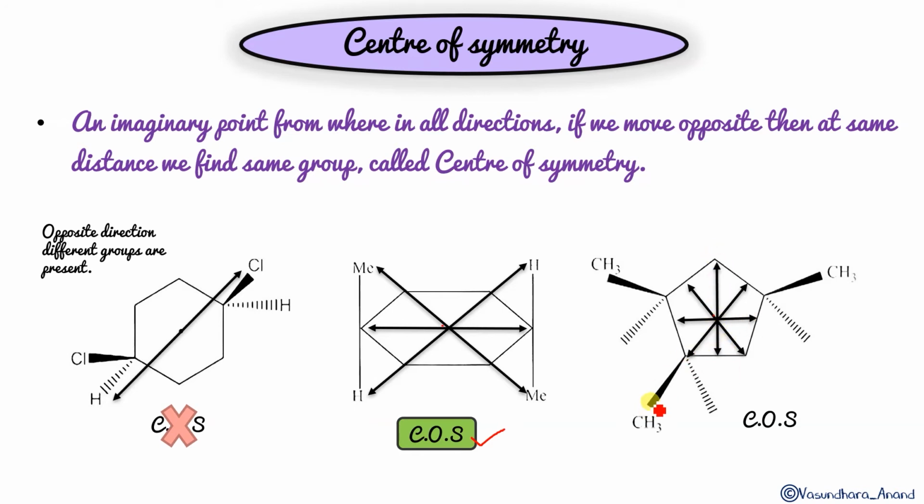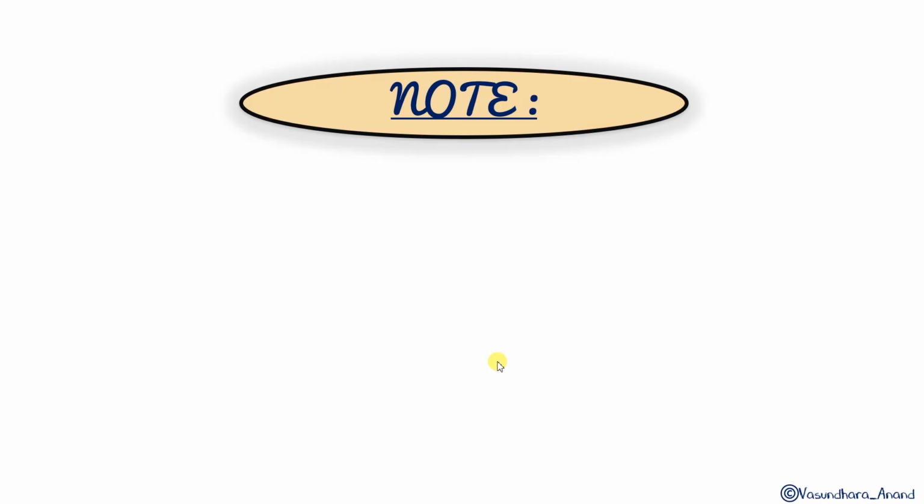Here, see, methyl is there, but in this way nothing is there. So in this way I'm going to get the carbon, but in this way nothing. So the center of symmetry is again not there. So this and this compound can show optical activity, but this compound, because it has a COS, will not show optical activity.